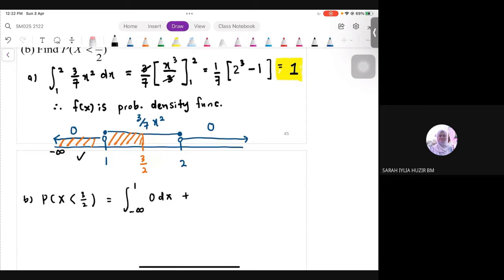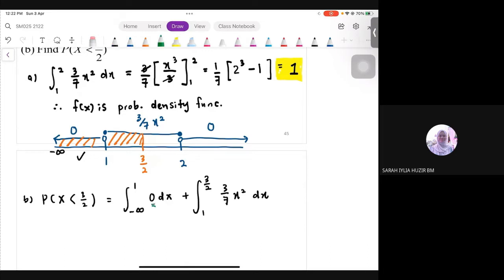Plus with, and then we continue. We want to find the orange region from 1 up to 3 over 2, 3 over 7 x squared dx. That's the whole function. But then for the first function, kalau awak tak tunjuk pun tak apa. Why? Because we know we have 0 as our function.